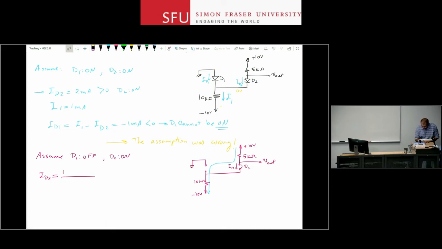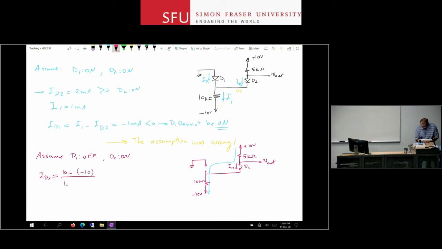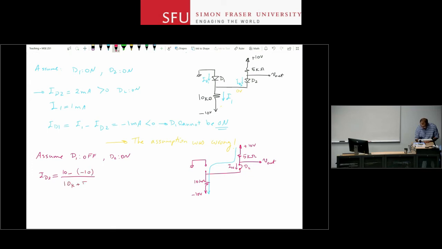It's the voltage at the top minus the voltage at the bottom divided by the sum of the two resistors because they're in series. And if you do the math, it's going to be 20 over 25, and how much is that? So that's 0.8 milliamps. I actually need a calculator here.